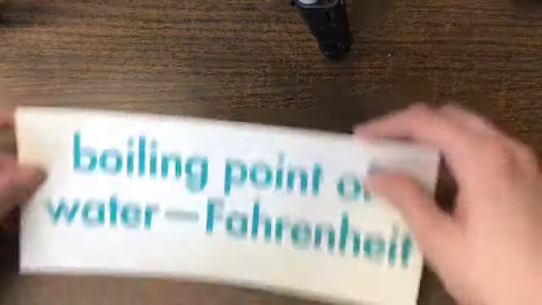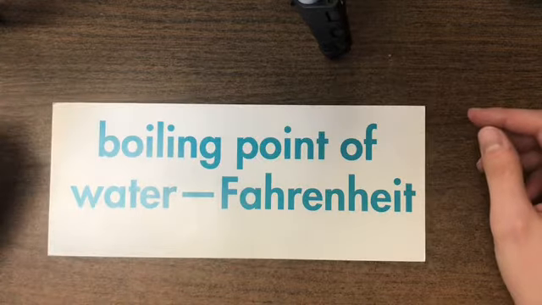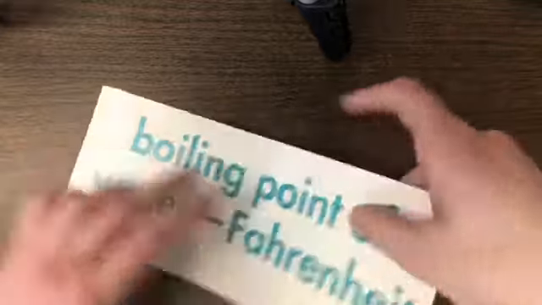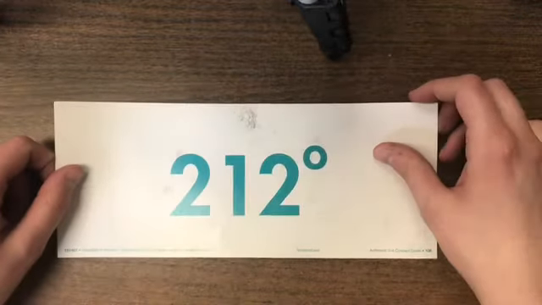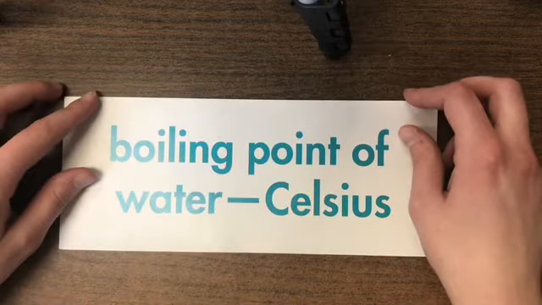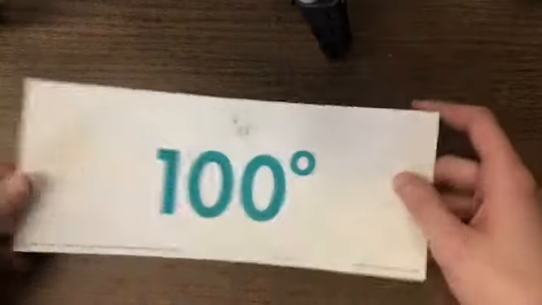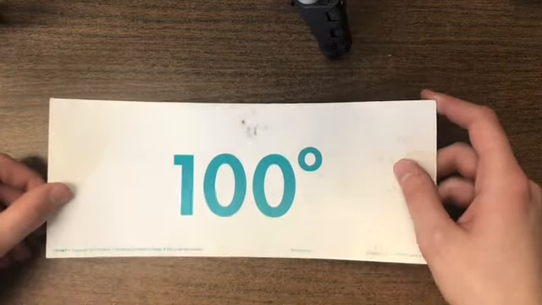Then we've got the boiling point of water. So it's the boiling point of water in Fahrenheit. That's right. 212 degrees. And the boiling point of water in Celsius is, correct, 100 degrees.